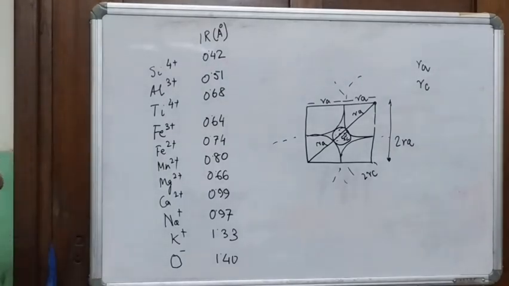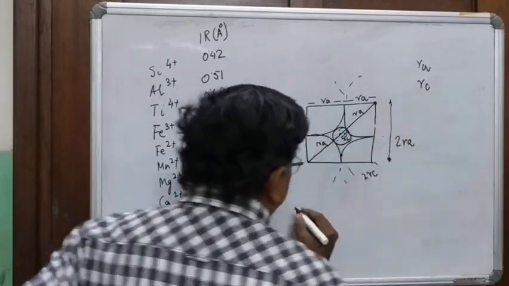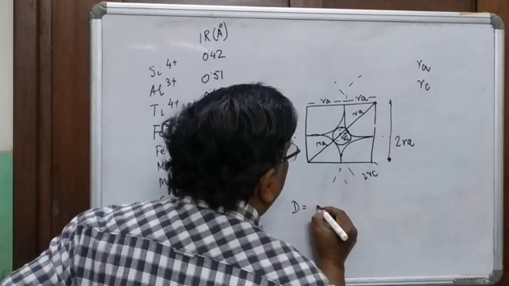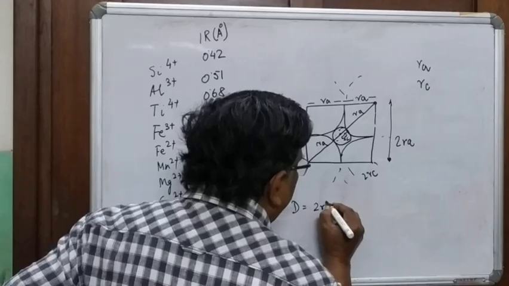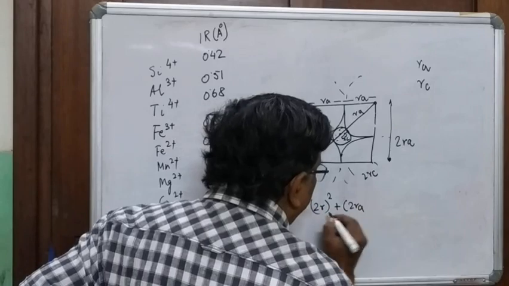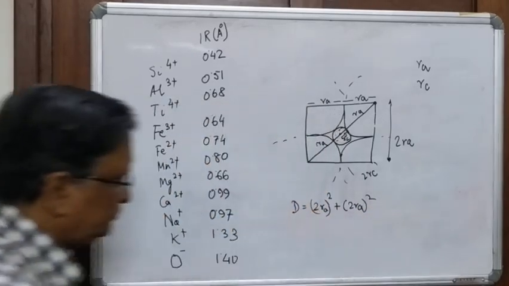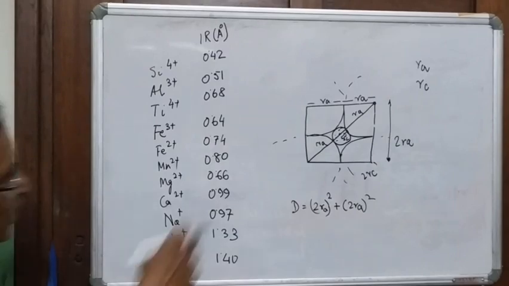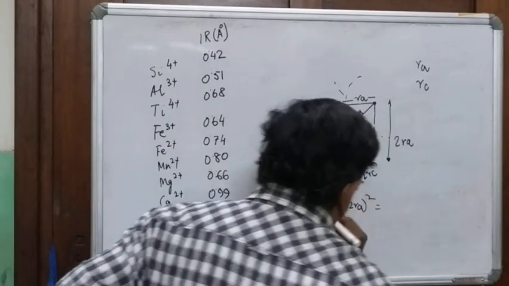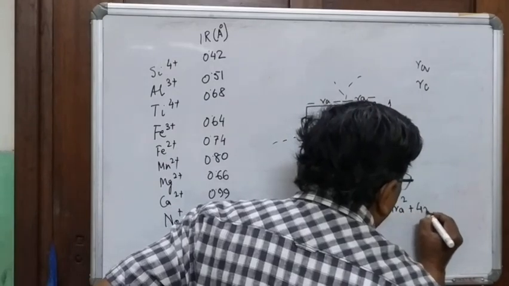So how can I find this out? The long diagonal is equal to 2RA squared plus 2RA squared, which is 4RA squared plus 4RA squared.